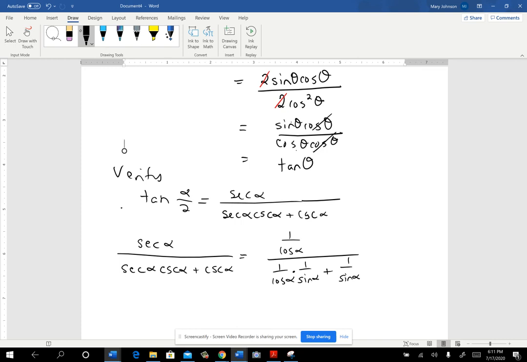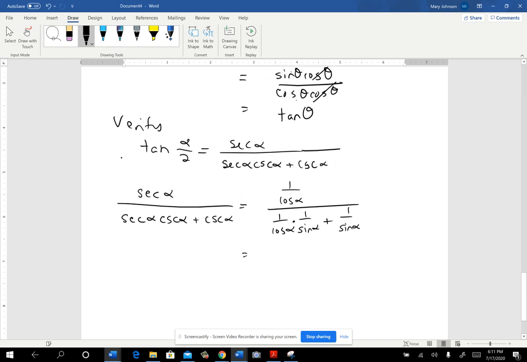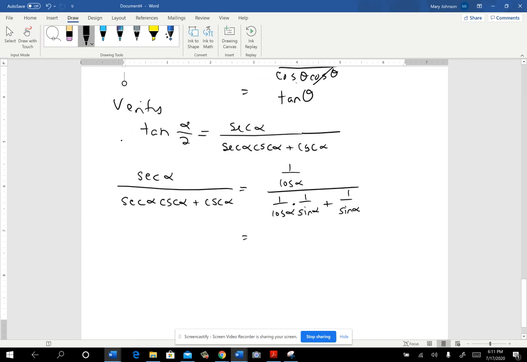Then I've just made a complex fraction. So let's use that trick I showed you for simplifying complex fractions. What I wanted to do is look at these little denominators and multiply by those denominators.